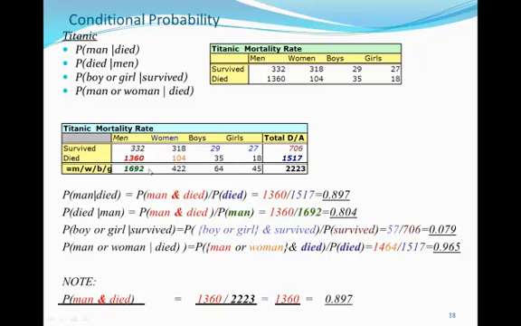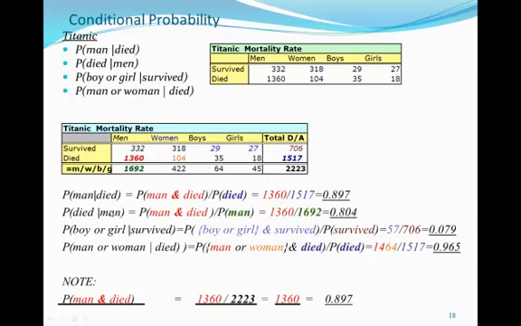So here this 706 represents the total amount of people who survived, including men, women, boys, girls, right? And this 1692 represents the total amount of men in the Titanic. And 2223 includes all people who were on the Titanic.